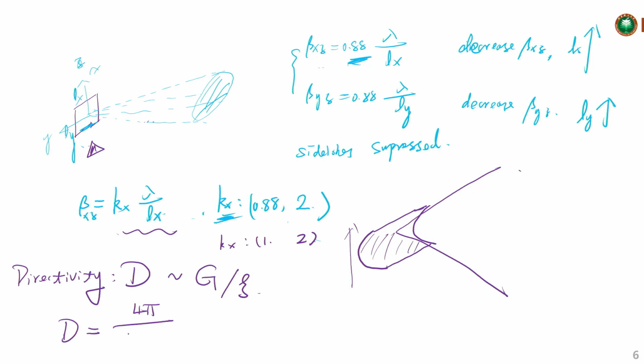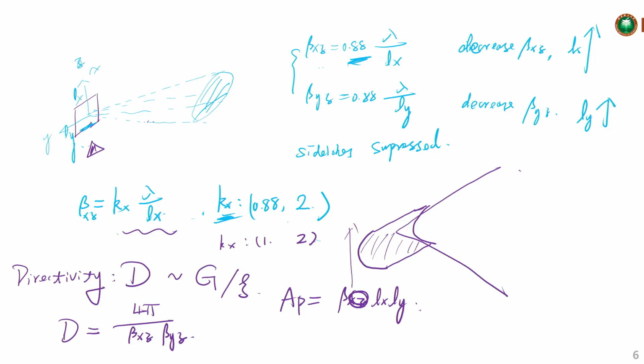The azimuth angle and elevation angle here are represented by the beam widths beta x theta and beta y theta, because the physical aperture AP equals Lx times Ly.